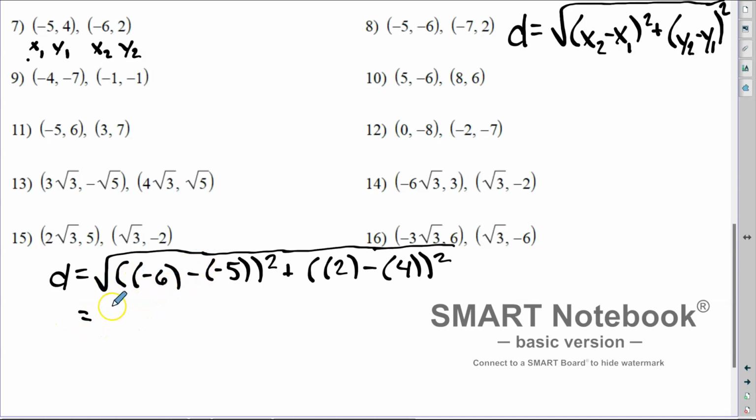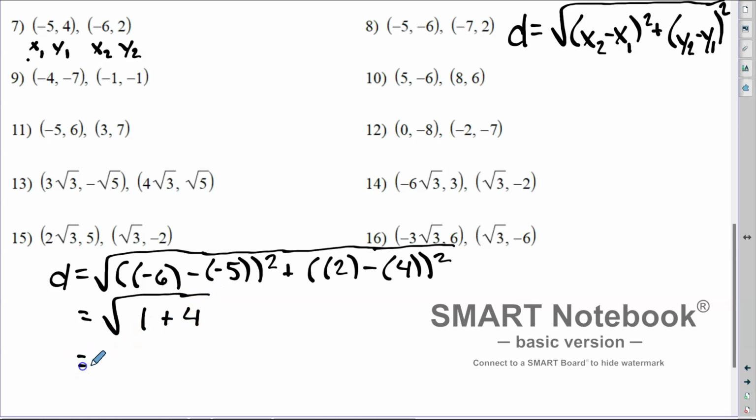PEMDAS, we want to do the parentheses first. This plus that actually leaves me a negative 1. Negative 1 squared is 1, plus... And why did I get rid of the parentheses? I don't need them anymore. Just during the substitution process they helped me big time, and now I can get rid of them. Here I have 2 minus 4, which is negative 2 squared is 4.